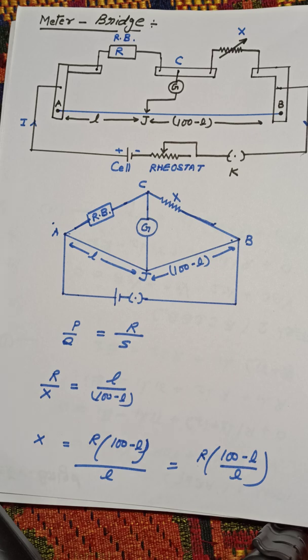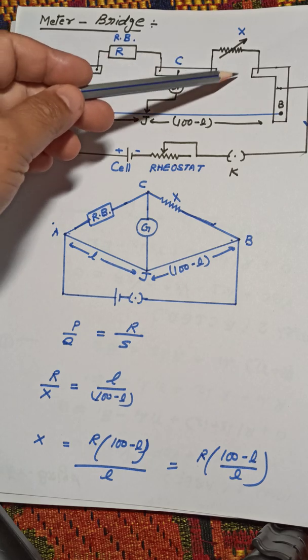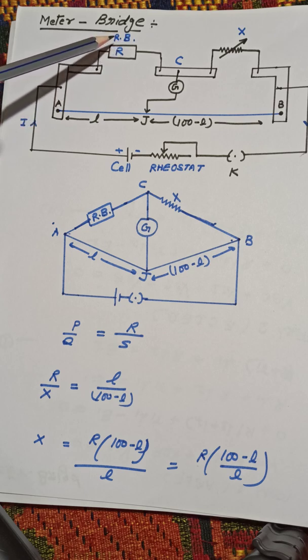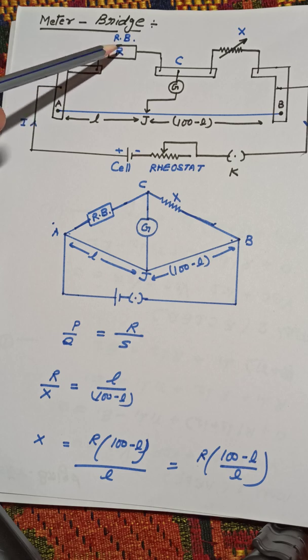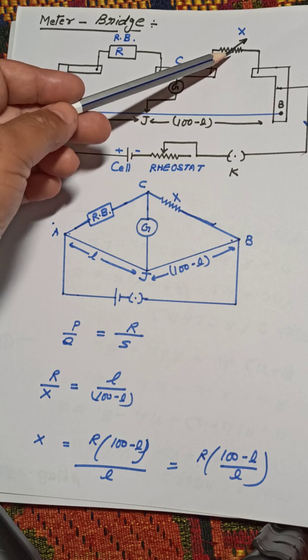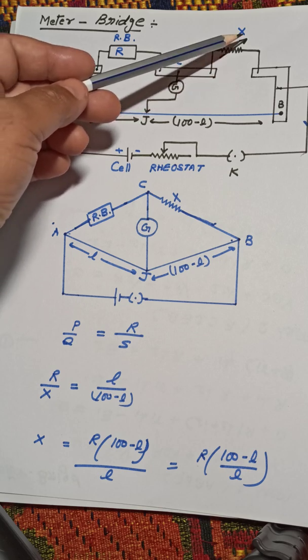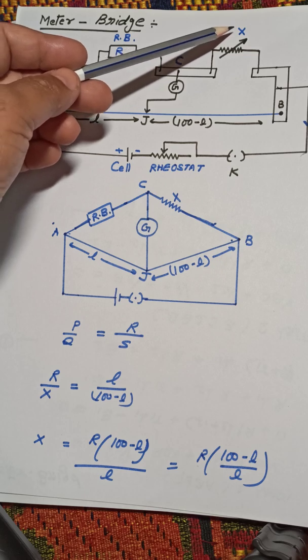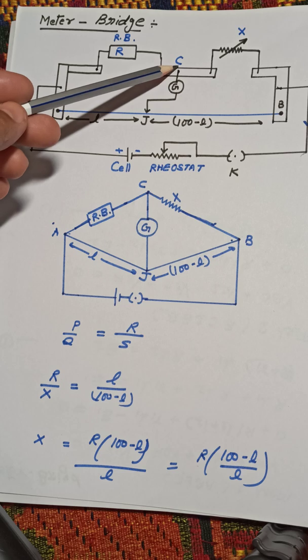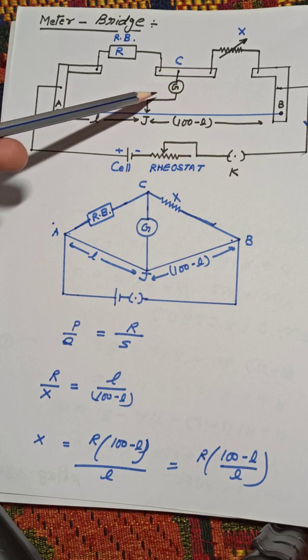In between you can see there are two gaps. In one gap a resistance box is connected, written as RB, and we have taken one value R. In another gap an unknown resistance is connected, written as X. A galvanometer is connected with C, and the other end of the galvanometer is connected with the jockey.